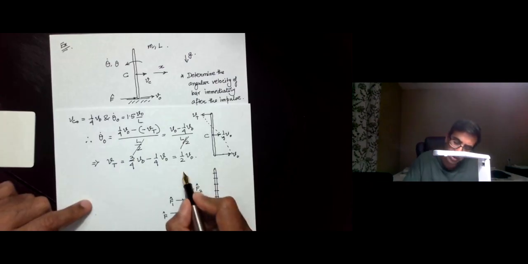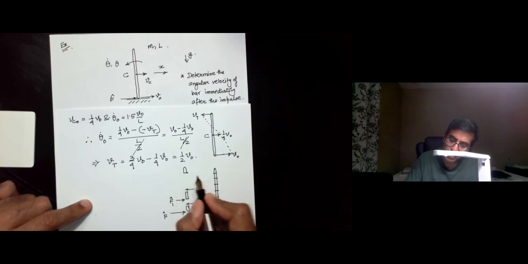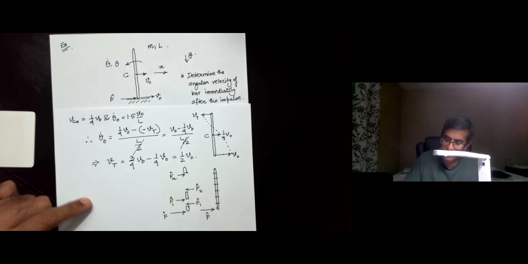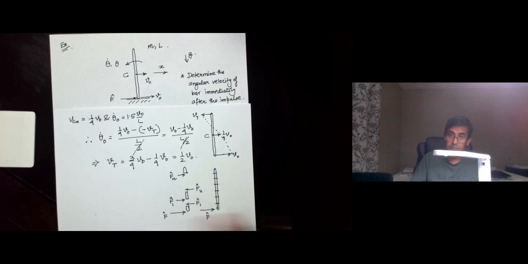And at the top, what you have is the following. There is going to be a forward-going impulse, let's say that is f hat n, if there were n different elements being created. It can be in the forward direction or in the backward direction, depending on how the impulse gets distributed along the span of the bar, and that impulse causes the velocity at the top.